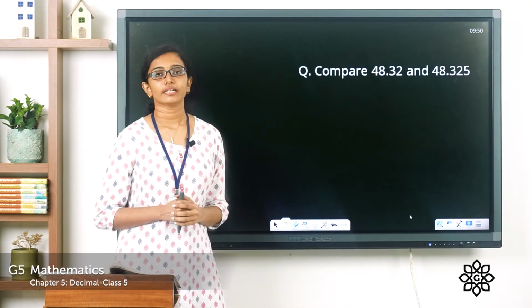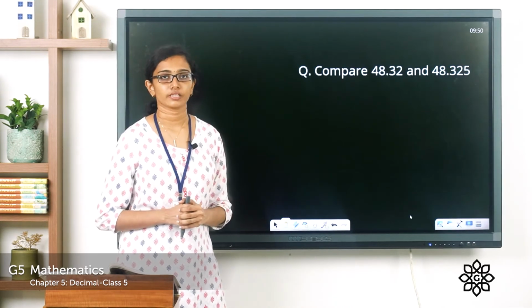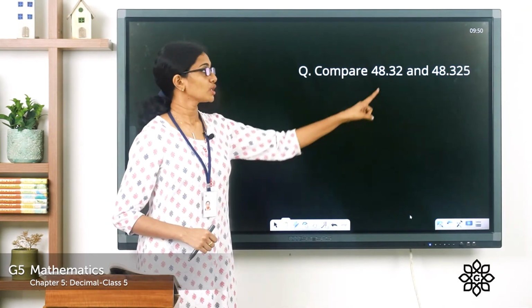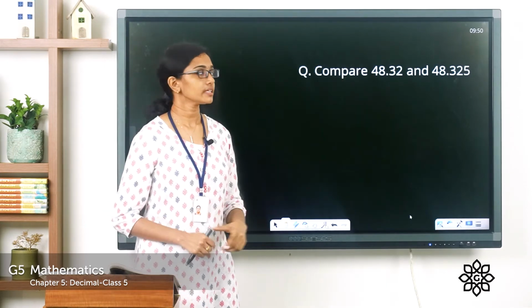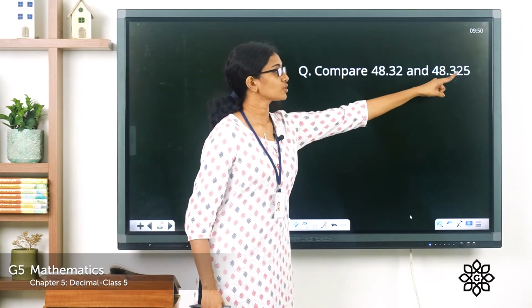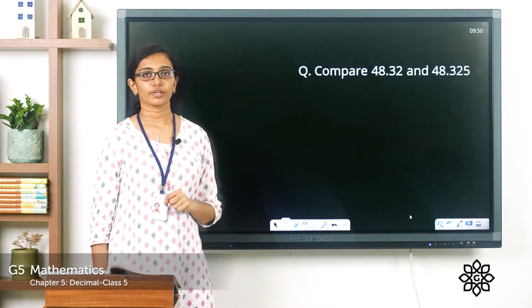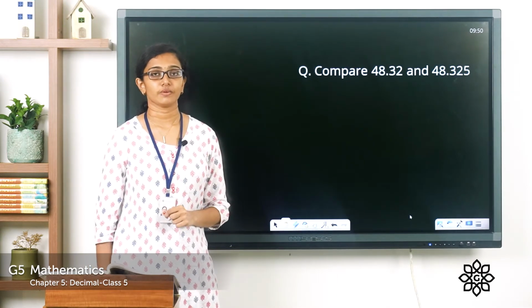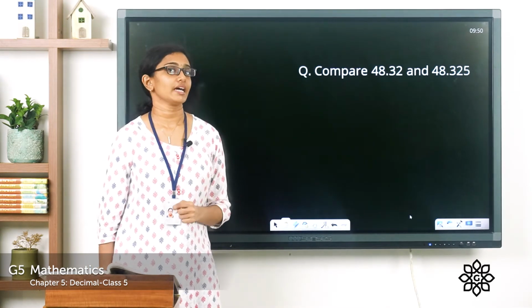Now, compare 48.32 and 48.325. Look at the given decimals. Are they like decimals? The first number has 2 digits after the decimal point and the second number has 3 digits after the decimal point. So they are unlike decimals. How do we compare unlike decimals?